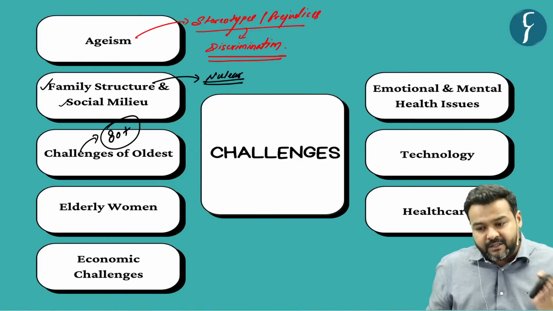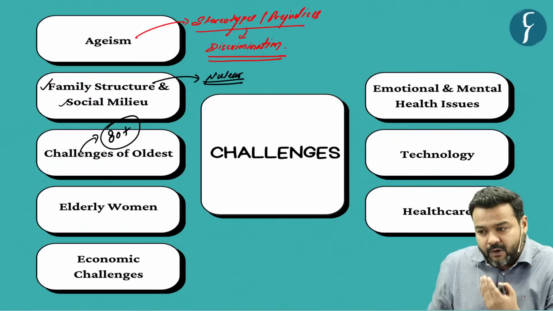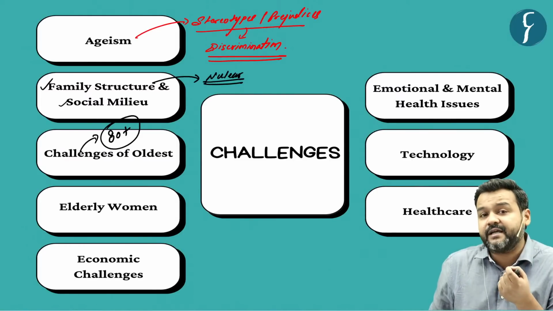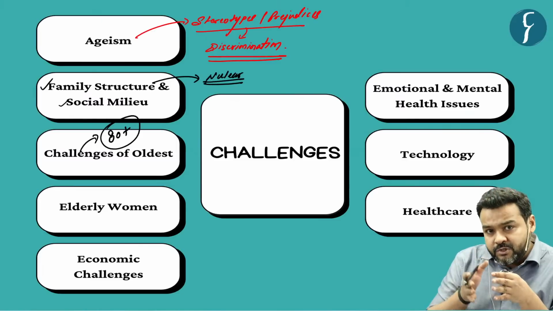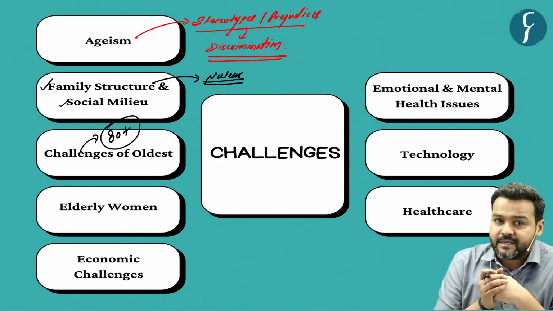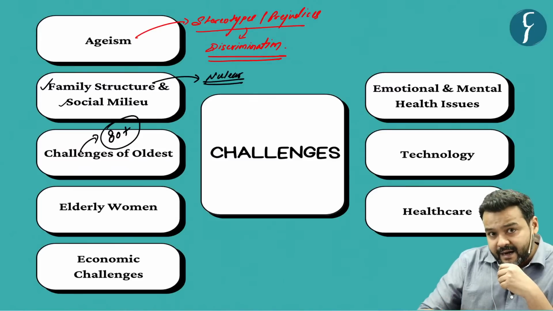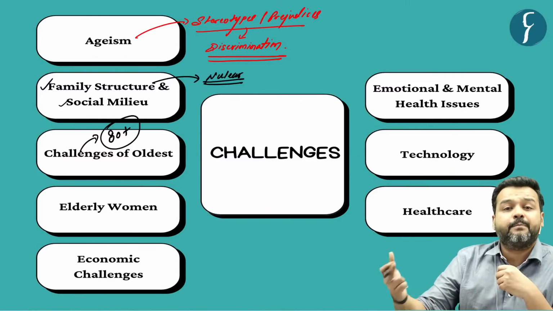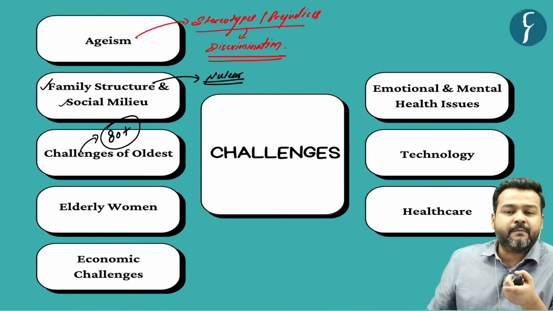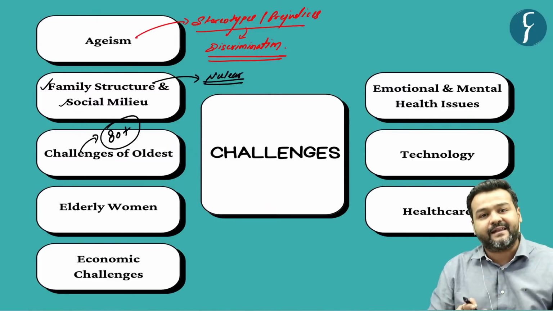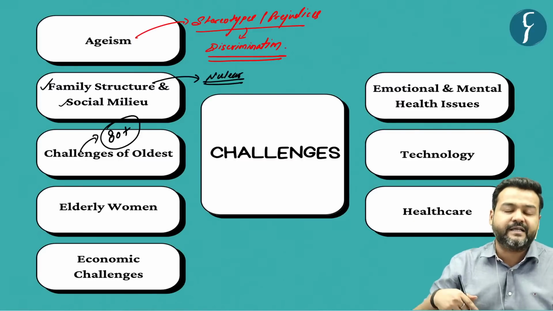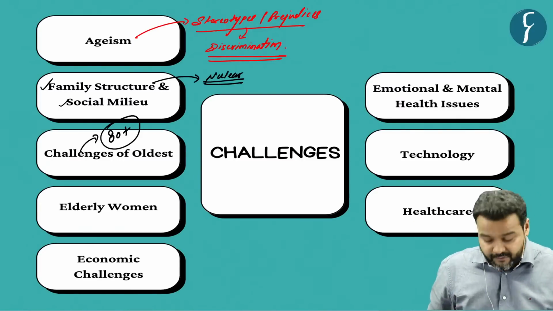And at this stage, when they require the most medical assistance, most of the insurance companies do not cover people of this age. So that lands them into a high out-of-pocket expenditure zone, and this high out-of-pocket expenditure again reinforces the notion of them being a liability rather than a resource to a family.